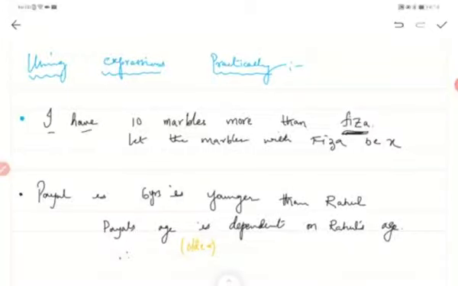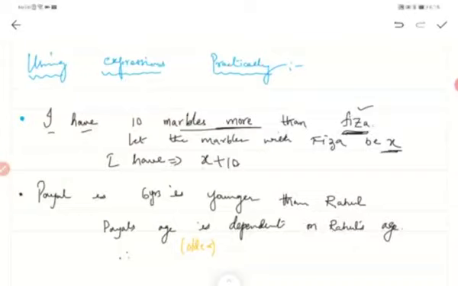I have how many marbles? I have x plus 10 marbles. 10 marbles more than Fiza. Fiza has x marbles, so I will have x plus 10.